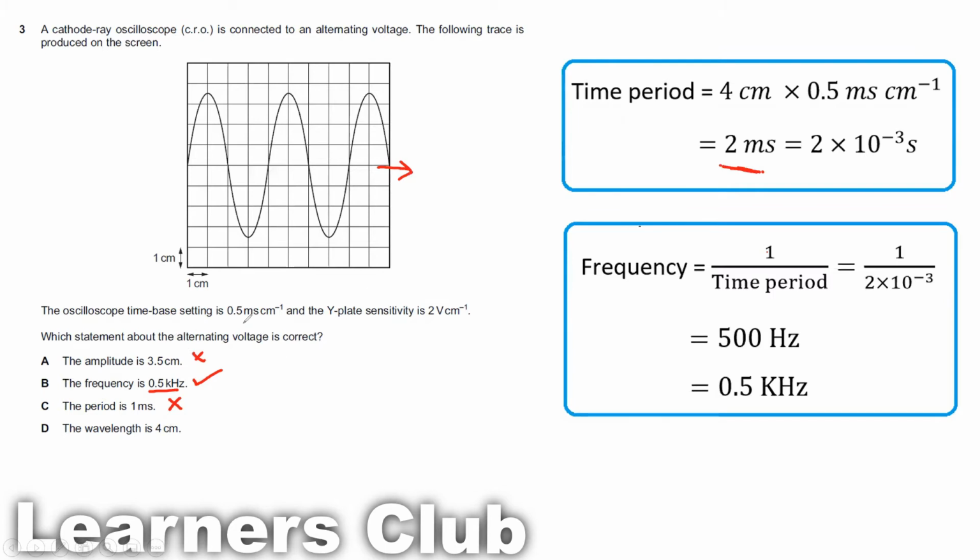It talks about the time period, how much time per division per centimeter. So we cannot talk about wavelength here, so it's incorrect. Therefore, the correct answer for this question is option B.